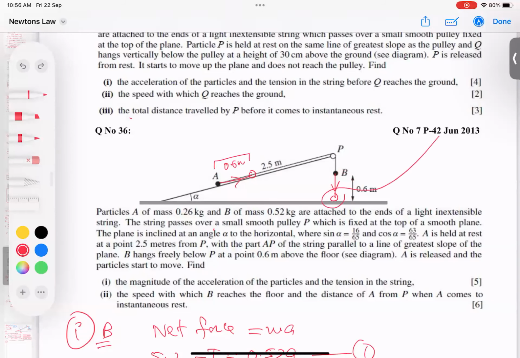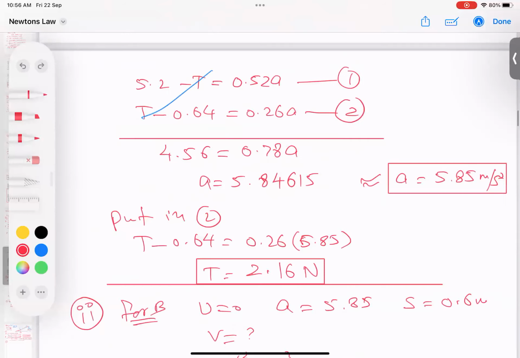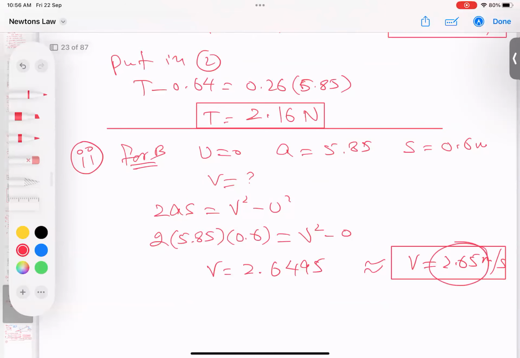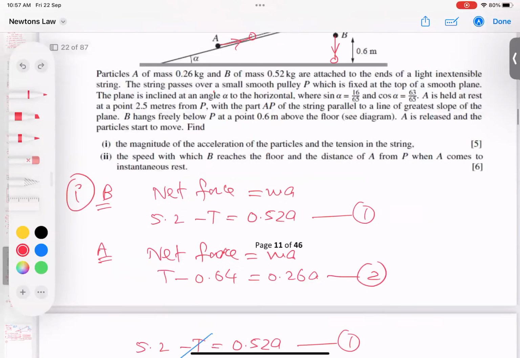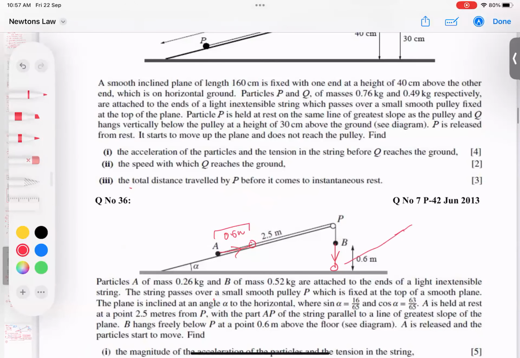So just before hitting the ground, that particle's speed is 2.65, which means the speed here is also 2.65. But B will stop here, while A will not stop. A will go slightly up, and then it will stop here.